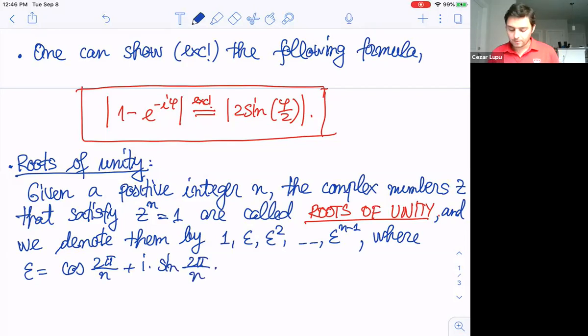You can write them in trigonometric form, with epsilon n, anyway, you understand what I mean. Or you can write them in the following way. Let's put here epsilon k. You can write this in exponential form, which would be e to the 2 pi I k over n.